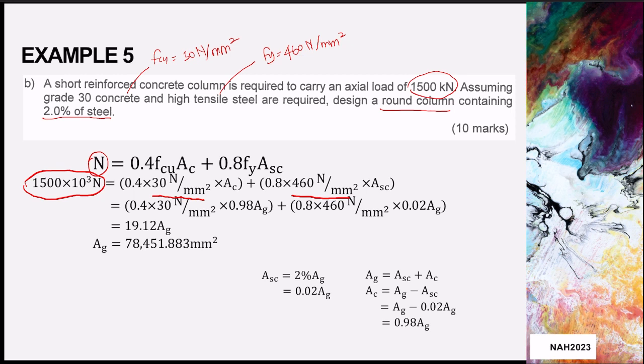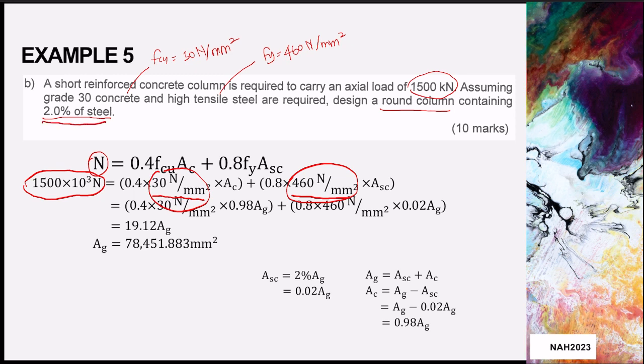Equal to 0.4 times 30 Newton over mm square. This is the FCU. AC, leave it dulu sebab kita akan kena cari. Plus 0.8 times FY 460. And ASC tinggalkan dulu.